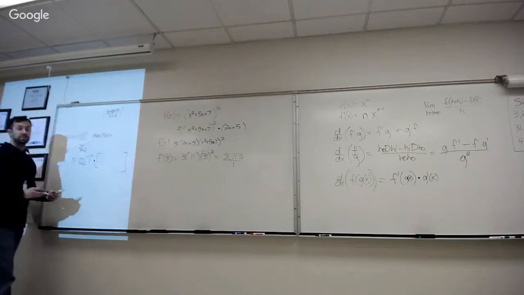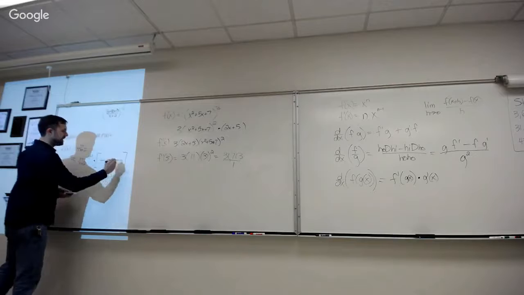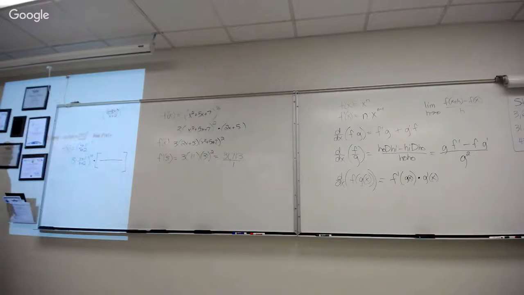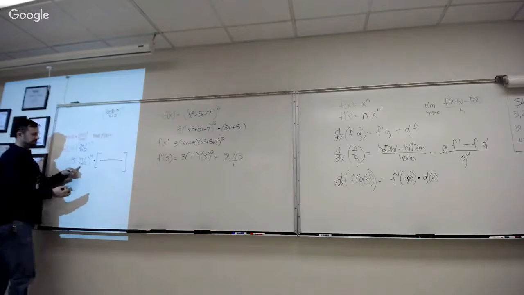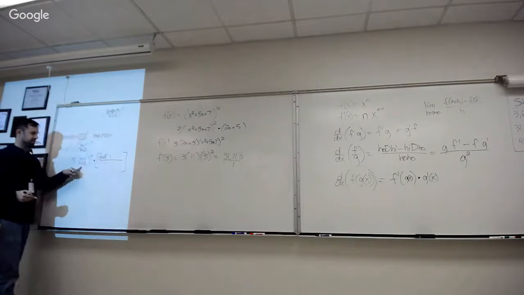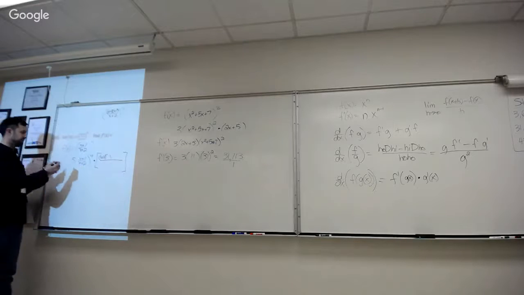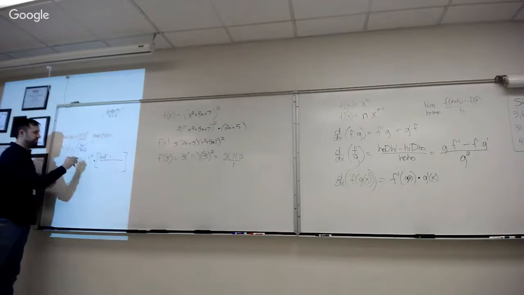I'm giving myself some space because we're about to do the quotient rule, which is the ho d high minus high d ho over the ho ho. And I'll go ahead and write down, I know it's going to be a fraction. So let's try this out. Ho, which is x plus 2, d high, what's the derivative of x plus 1? 1. It's just 1, because the derivative of 1x is 1, and the derivative of 1 is 0.